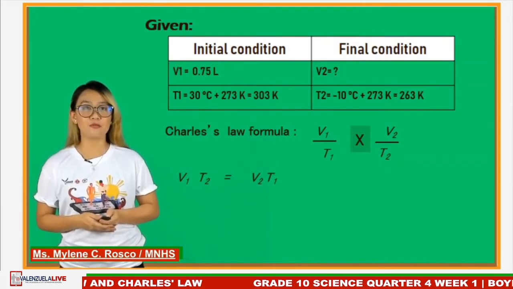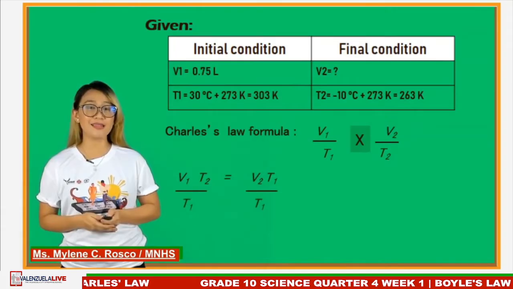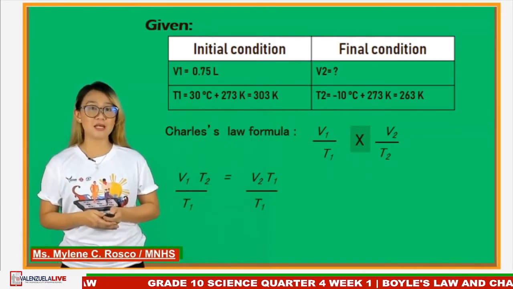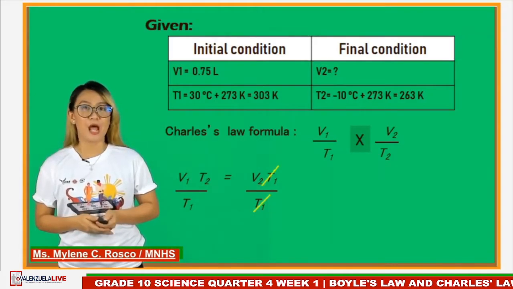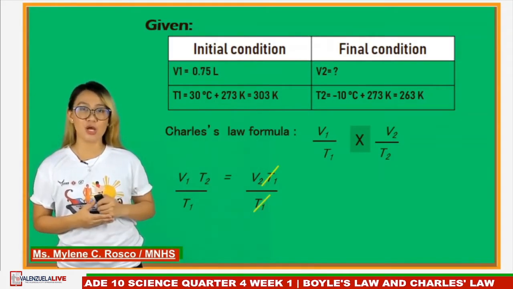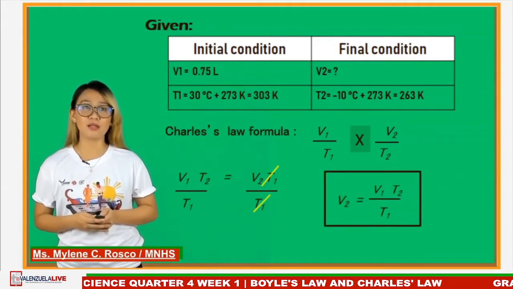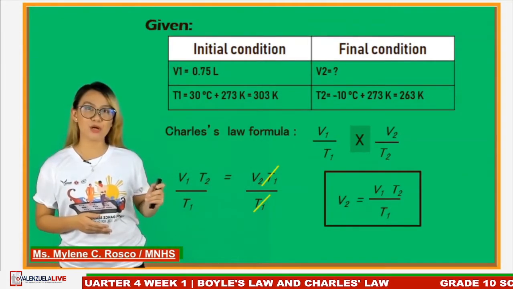To find volume 2, we need to divide both sides by T1 and cancel similar terms. So we cancel T1 on the right side of the equation. Rearranging this equation, we get V2 is equal to V1T2 over T1. And this is our working formula.